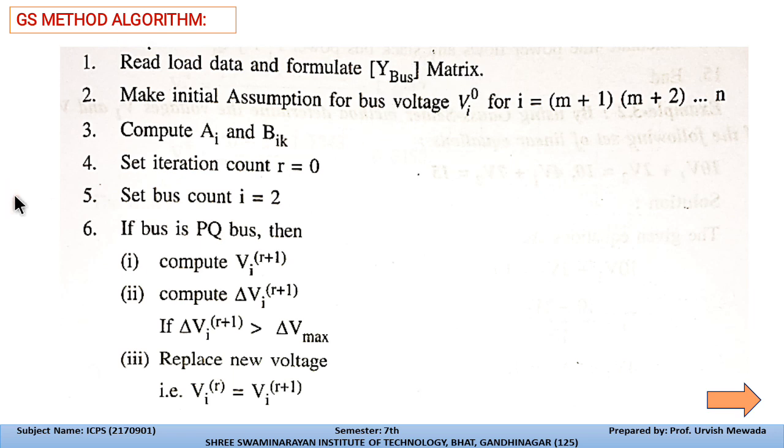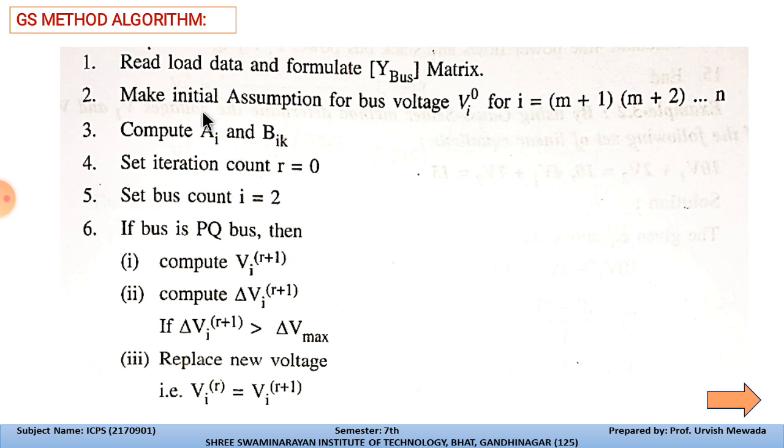First of all, we need to form the Y bus of the given primitive network, and then make the initial assumption that we already discussed: Vi is 0 for i equal to m plus 1 to n. Here we have the slack bus, that's why it is considered as m plus 1. The slack bus is the initial bus, for which we have considered Vi raised to 1.